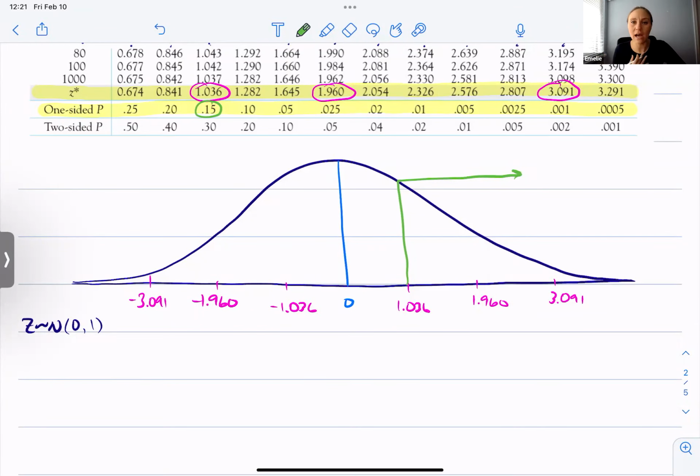I definitely started out shading the areas, but it gets too messy. So I just draw up and then an arrow to show that this is the area I'm talking about. And this area is 0.15, which means that this area is also 0.15 by symmetry.